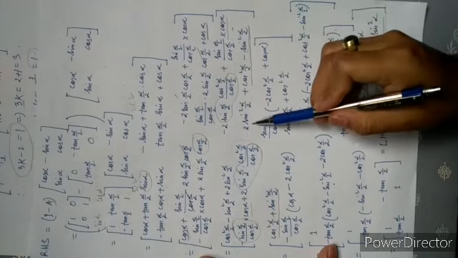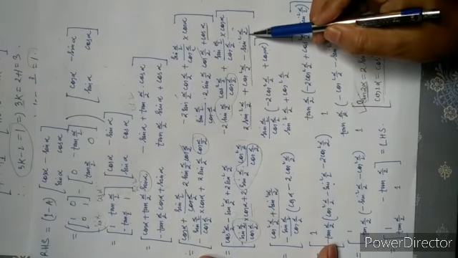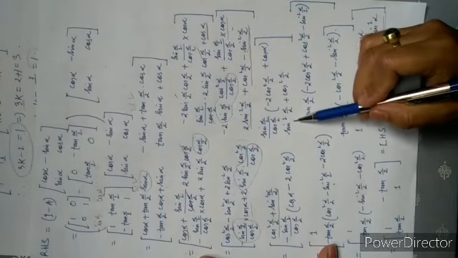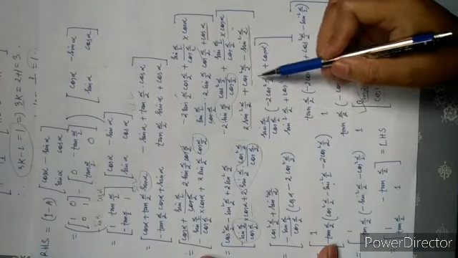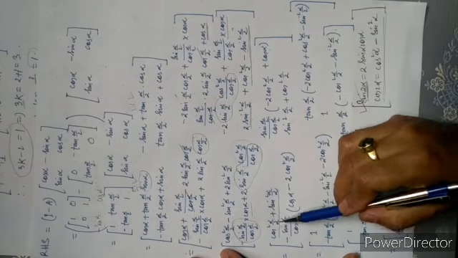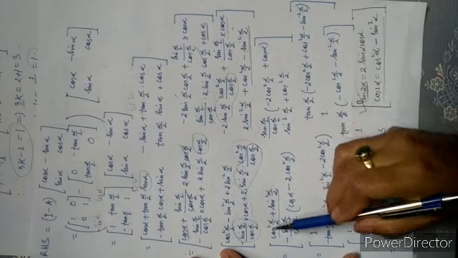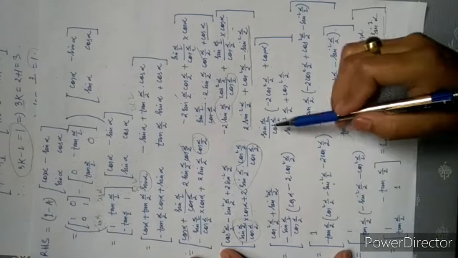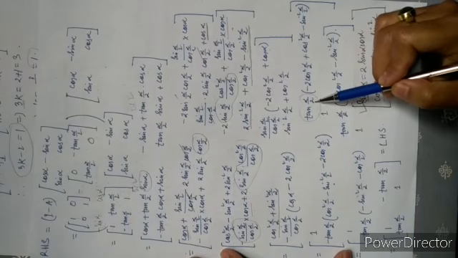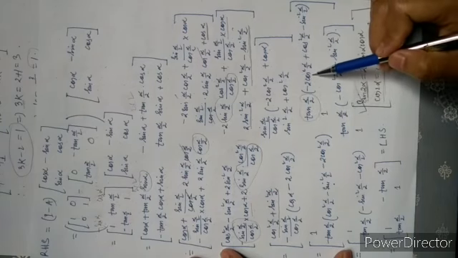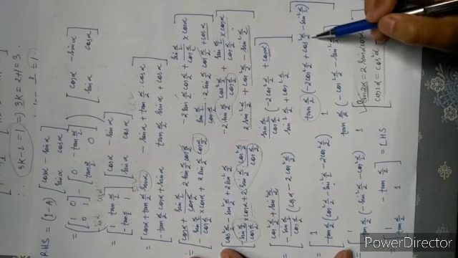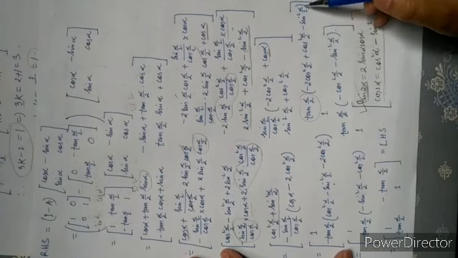Like terms, first term and last term, we get 2 sine square alpha by 2 minus sine square alpha by 2, subtract, and we get sine square alpha by 2 plus the second term cos square alpha by 2. Cos square alpha by 2 plus sine square alpha by 2 is an identity equal to 1. Sine alpha by 2 divided by cos alpha by 2 can be expressed as tan alpha by 2, minus 2 cos square alpha by 2 into a plus. This cos alpha is expressed as cos square alpha by 2 minus sine square alpha by 2.